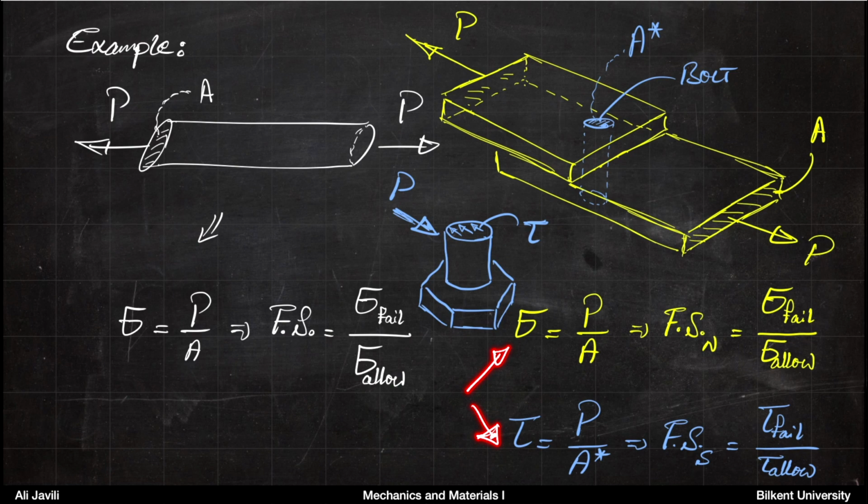First, you do it against normal stress, for part one, the plates, and then you do it for the bolt, which is the shear stress analysis. So for the plates themselves, you can see that the stress is just force divided by area, and again, the area here is this area.